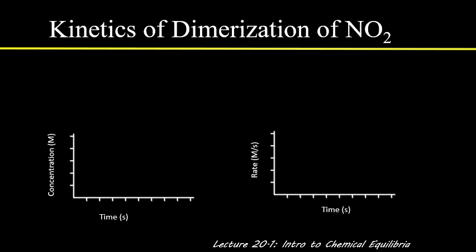So if we look at the kinetics here, the rate of the forward reaction, so the conversion of NO2 to N2O4, is going to be some rate constant times the concentration of NO2 squared, because again, that forward reaction is a bimolecular reaction of two NO2.